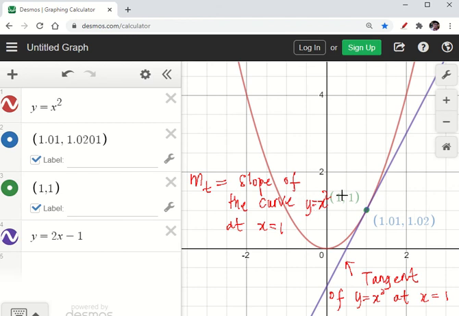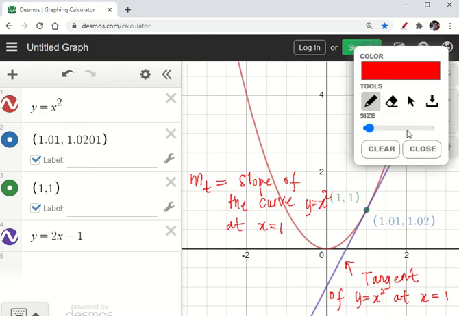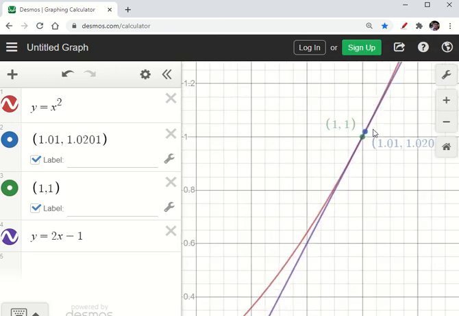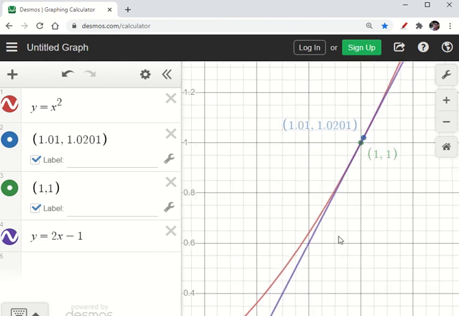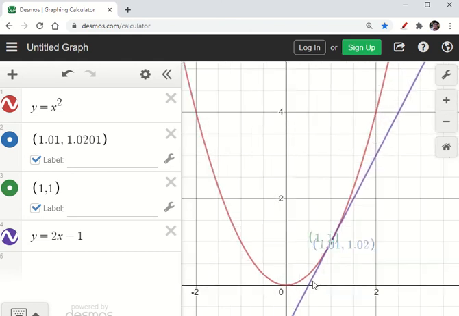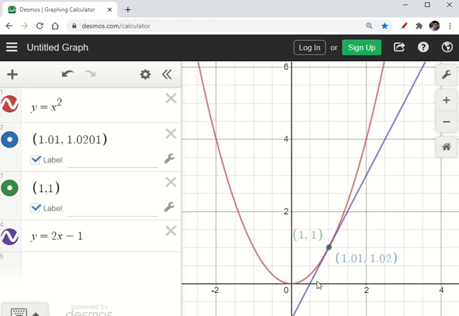But before that, I just want to explain that to find the slope of a curve, we can use 2 points when we zoom in, and we draw one straight line from these 2 points, and it's called a tangent, and we can use the tangent to find the slope of the curve at this point.